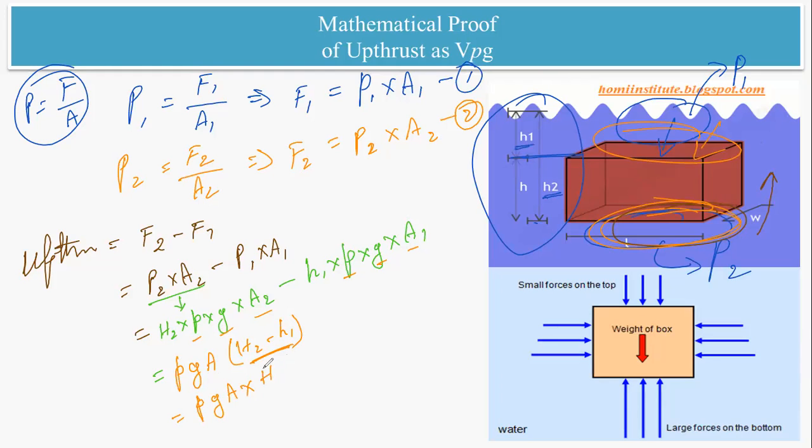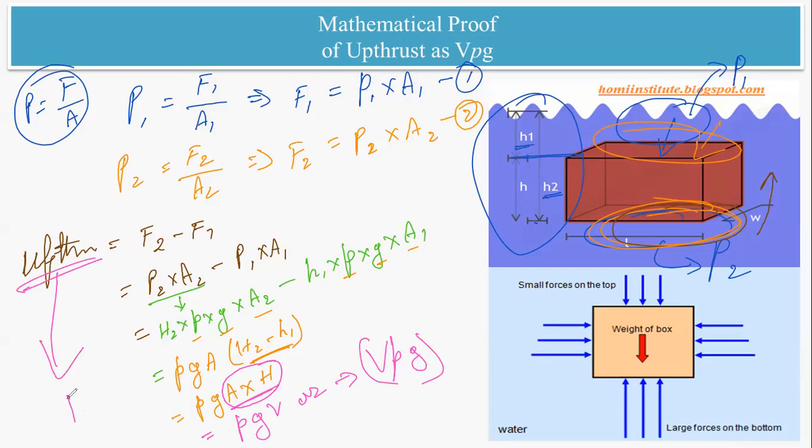Now, if you go for the calculation of this area into height, what does this give? That is the volume. So we can say over there rho g V, or we can write it as V rho g, and that is the upthrust or the buoyant force which we use to calculate.